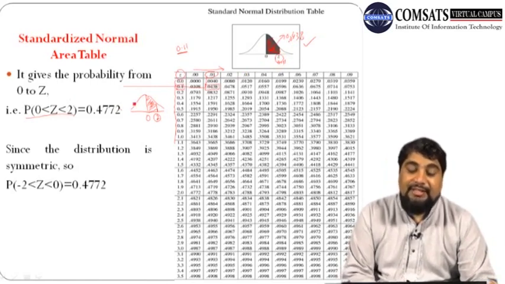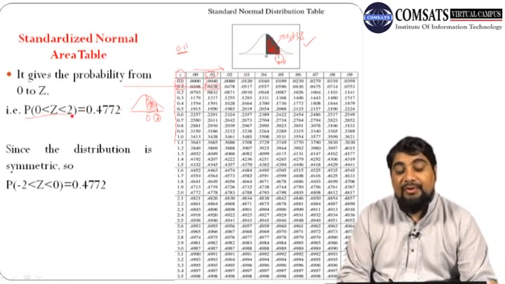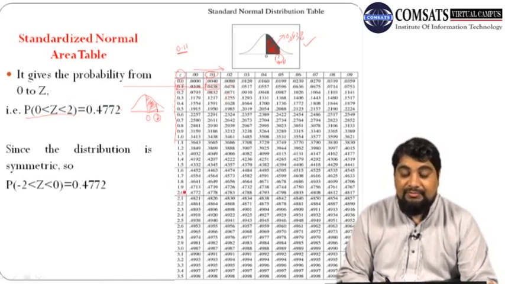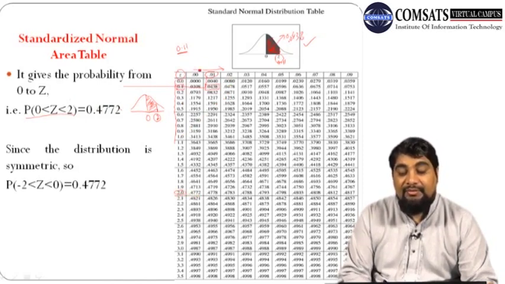But if we are interested in finding the probability or area from 0 to 2, we need to look up this number 2 in this normal distribution table. So here is the number 2.0, and since there are no decimal points, we can select this 0.00.